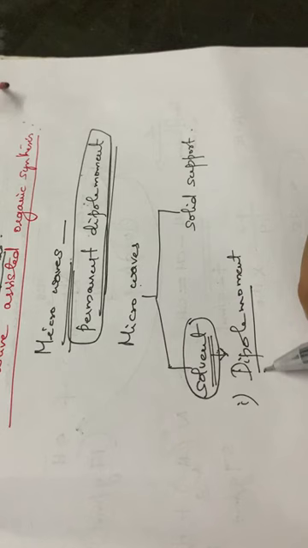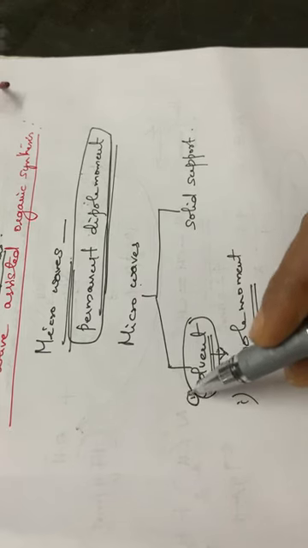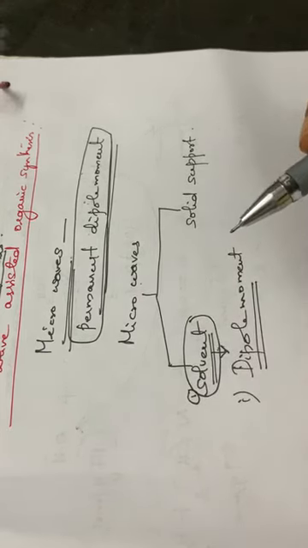Only if the solvent has a dipole moment can it absorb microwave radiation. Otherwise, this solvent cannot absorb microwave radiation. So the first important characteristic for a solvent to be microwave active is that it should have a permanent dipole moment.